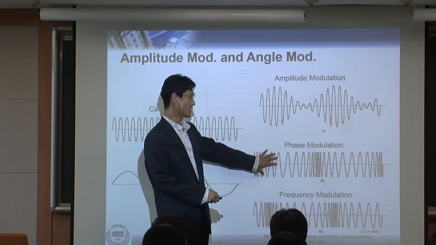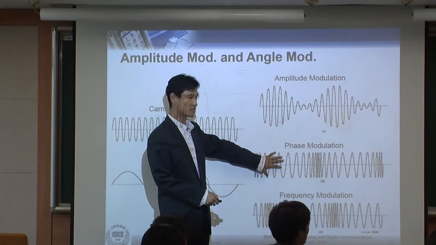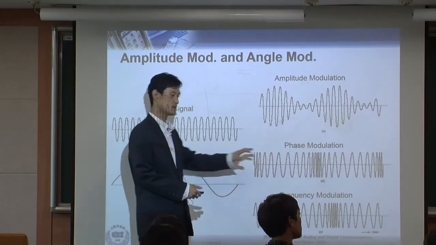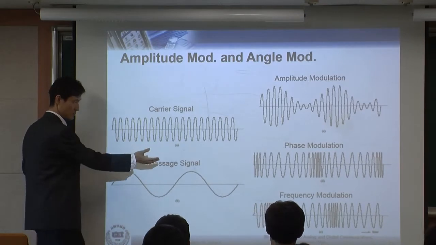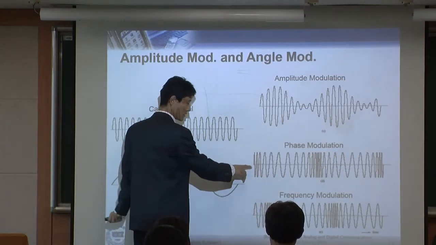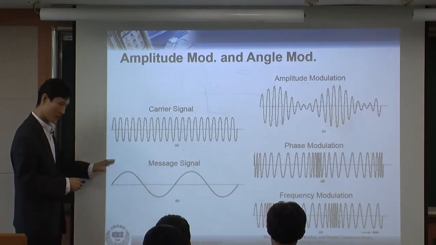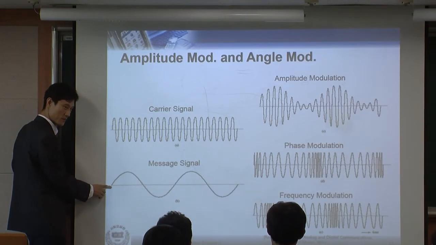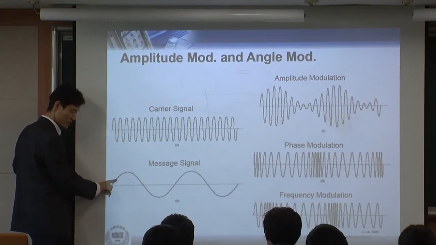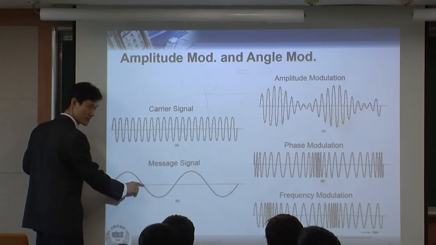But in phase modulation, it looks like the frequency is changing, but in fact it is the phase that is changed. So here's what happened. Let's look at the phase. Phase here is 0, right? Phase is changing over here. That's 90 degrees, 180 degrees, right?